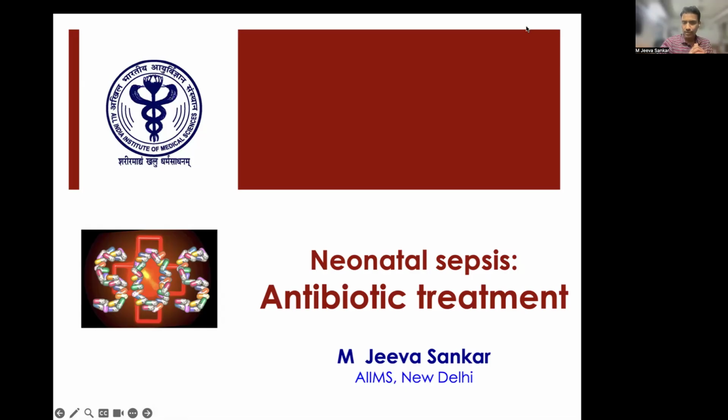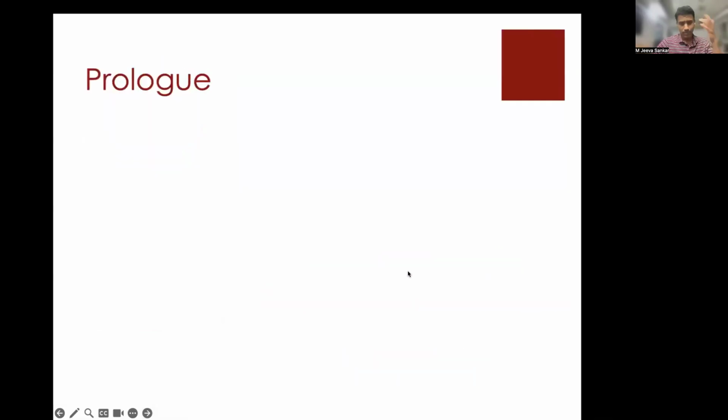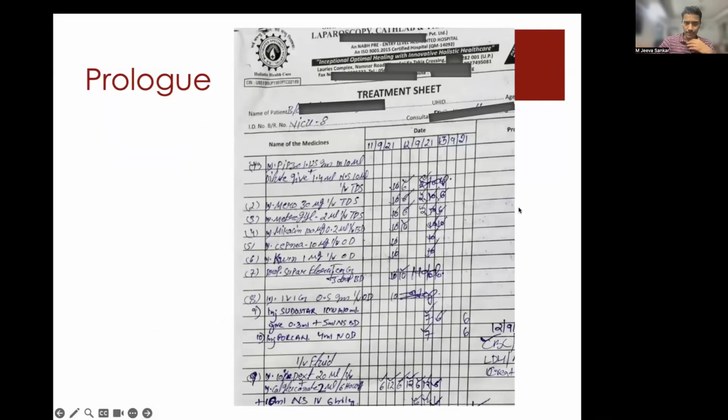The first is the antibiotic treatment of sepsis. As usual, I will start with a prologue before we start the topic. This is actually a treatment chart, nothing to do with which state it's from, or whether it's private or government. We'll not go into that.